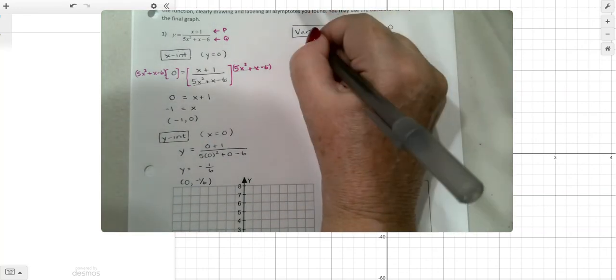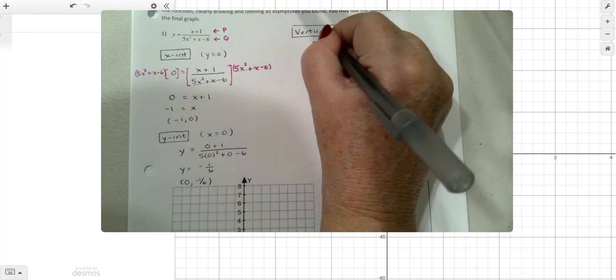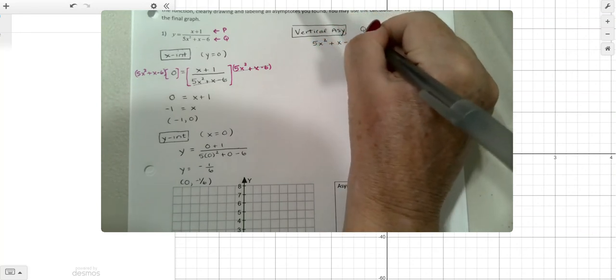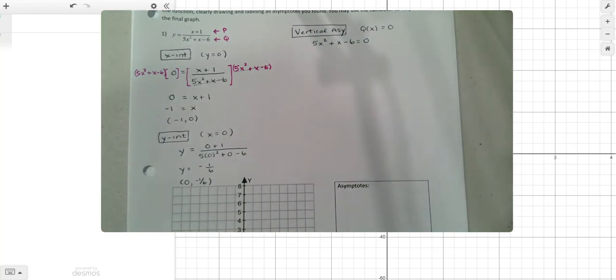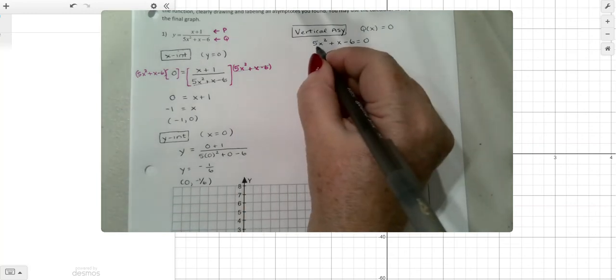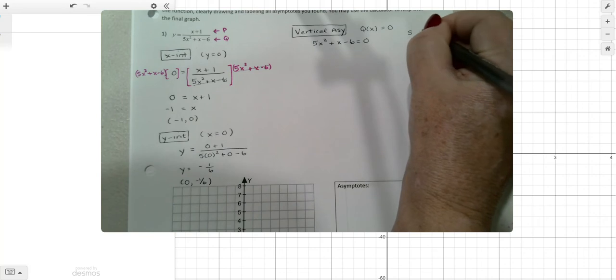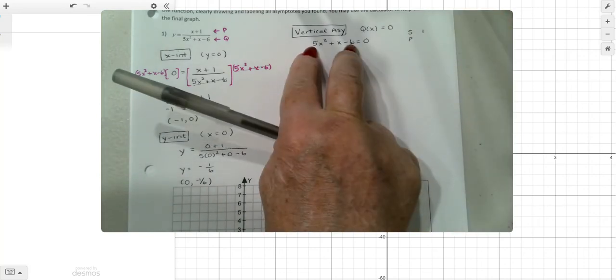So in this case, that would be 5x squared plus x minus 6 equals 0. And I'm going to try to factor that. It's a trinomial, so I'm going with sum and product. Sum of 1, product of negative 30.